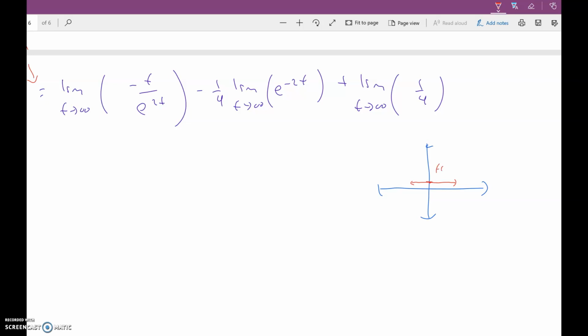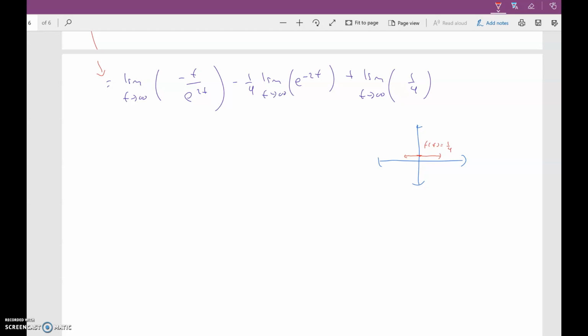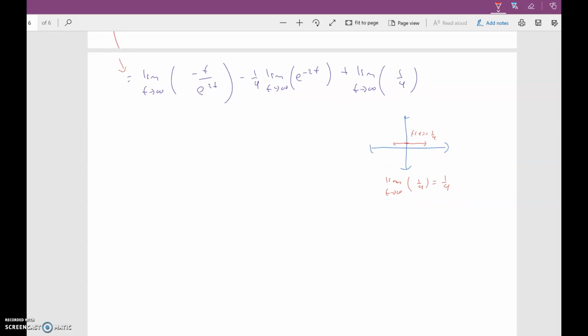So this is f of t is equal to 1/4. So we're looking at the actual limit as t approaches infinity of 1/4 is equal to 1/4. So that portion is settled to 1/4.